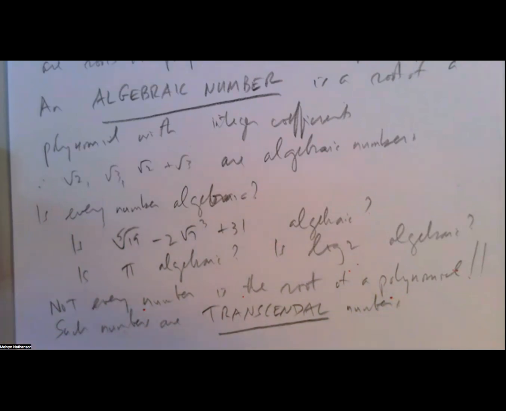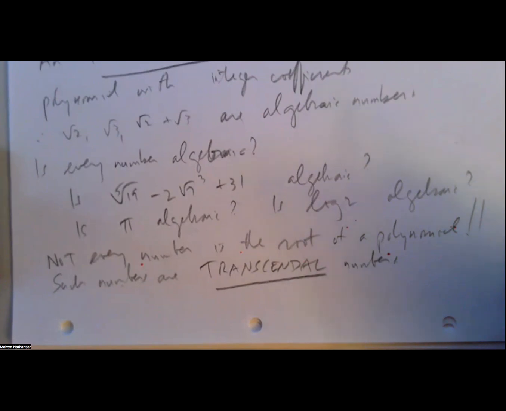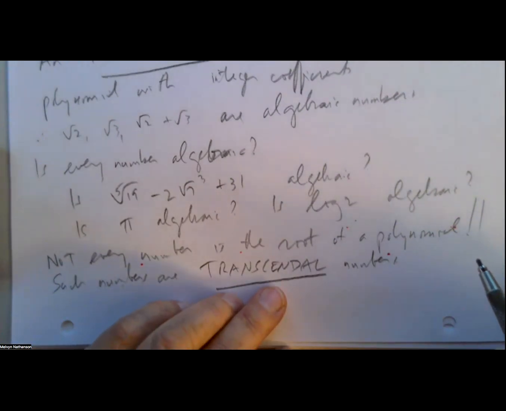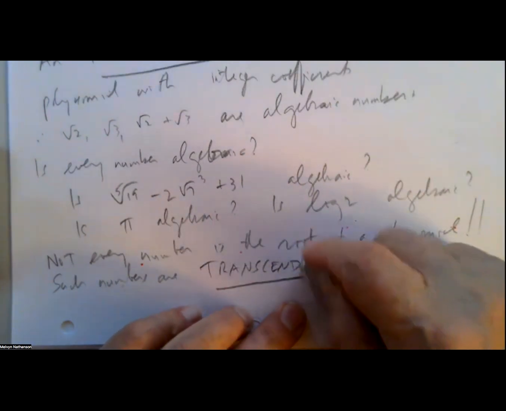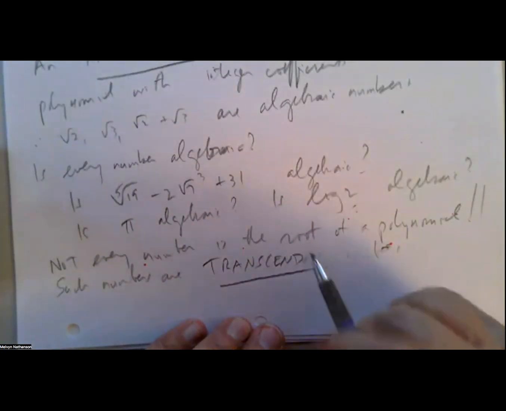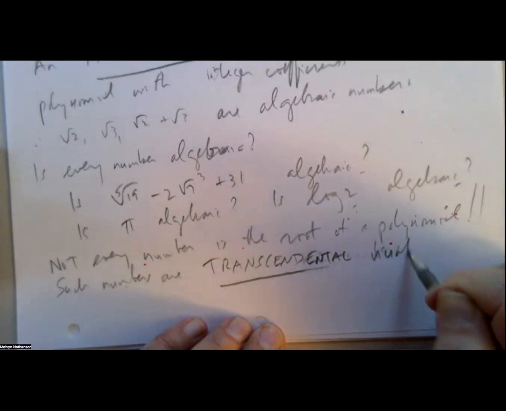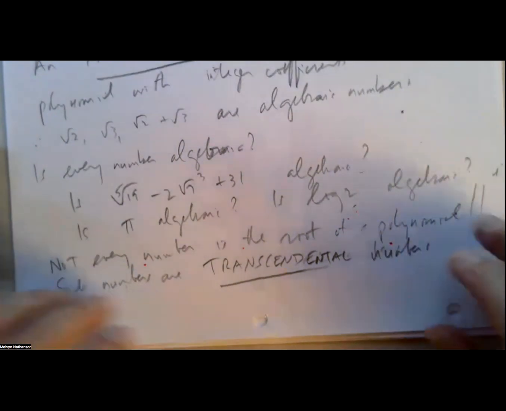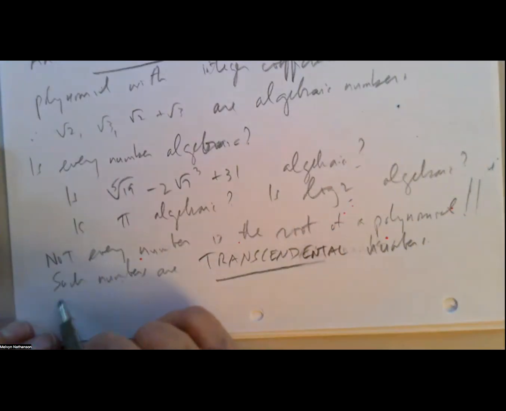So in some sense, they transcend algebra. These are numbers that, no matter how sophisticated, complicated, or big a polynomial you choose, are not the roots of any polynomial.